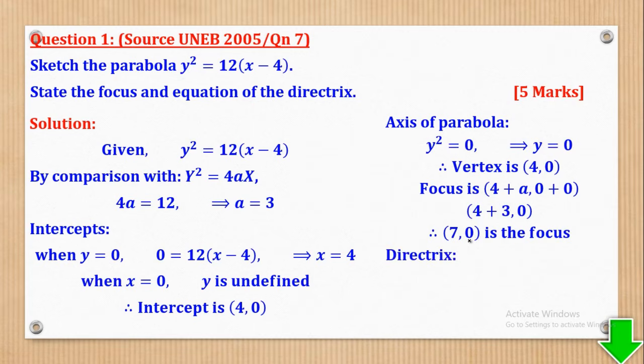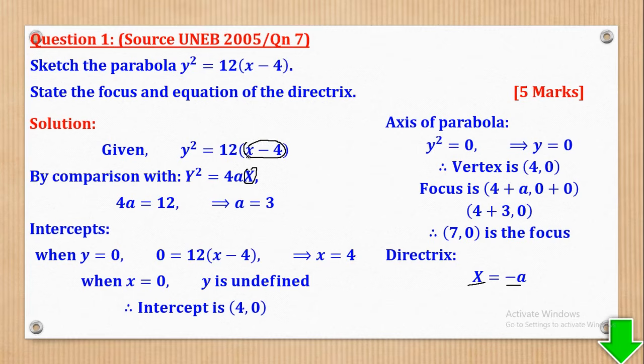The next is the directrix. Remember we said the standard form of the directrix is capital X equal to negative a. But when we compare, remember we said this capital X is equal to x minus 4.